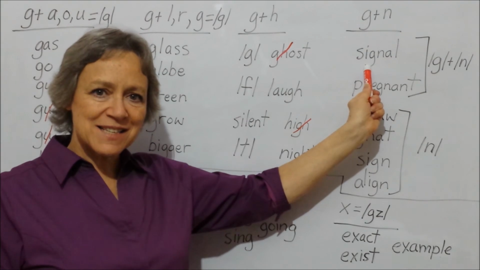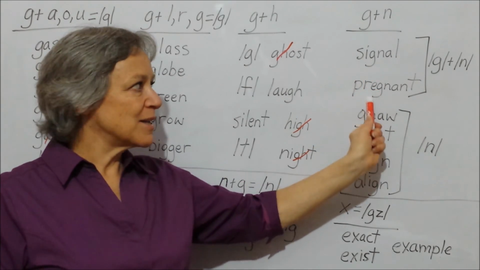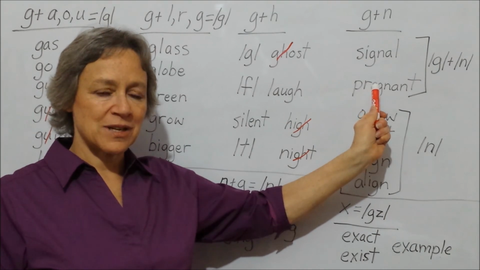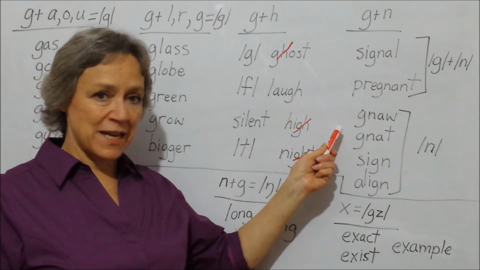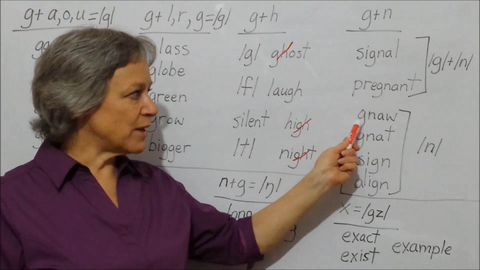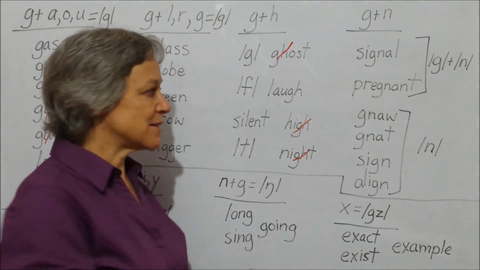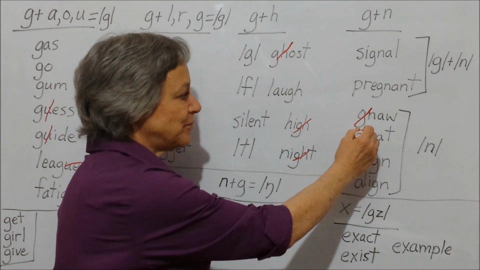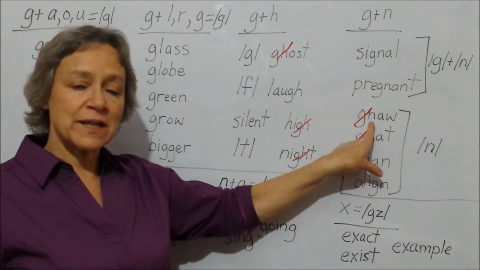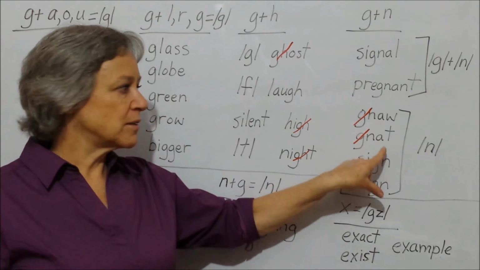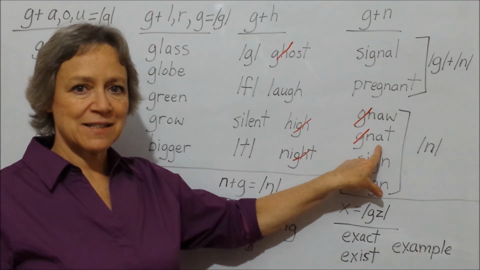This is signal, pregnant. So we hear both sounds. But at the beginning of a word, if we have G plus N, the G is silent. So we hear only the N sound.